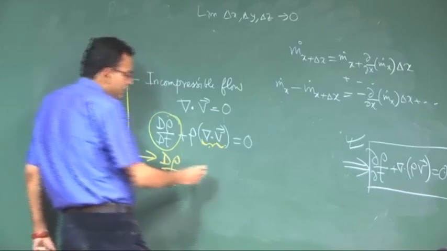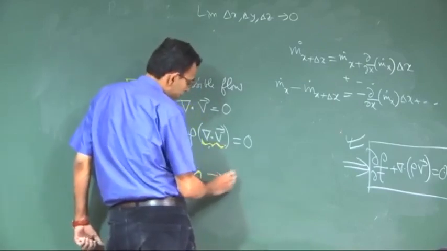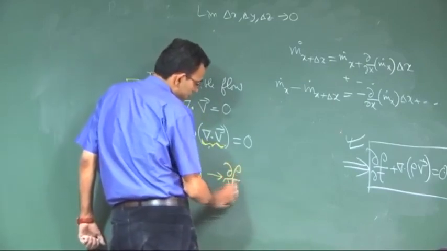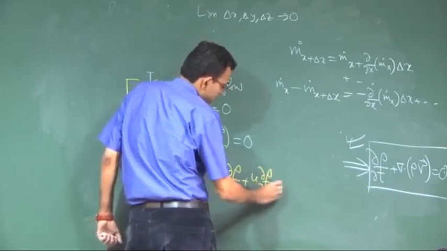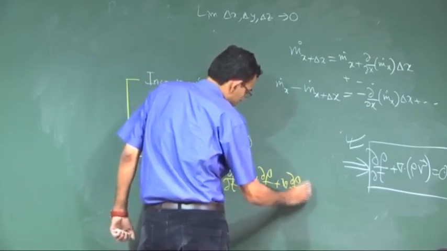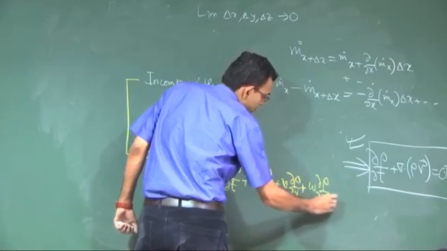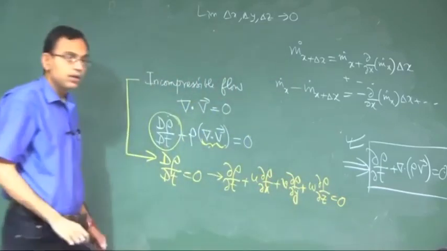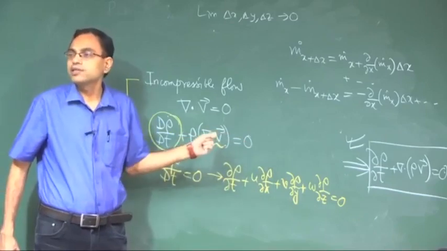So, in a Cartesian coordinate system it means what? This does not necessarily mean that rho is constant.